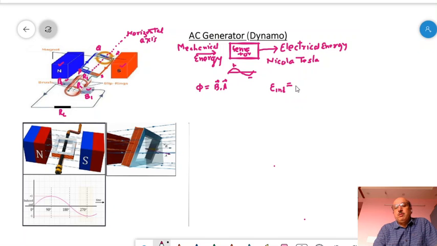The equation for Faraday's law of induction is E induced is minus d by dt of magnetic flux phi.